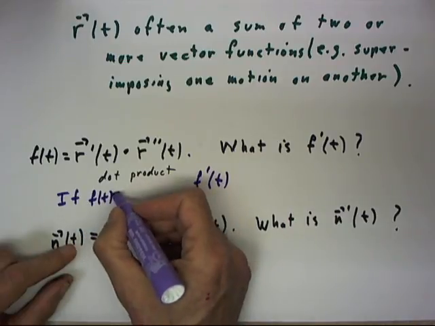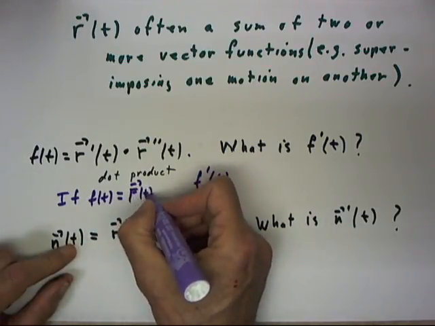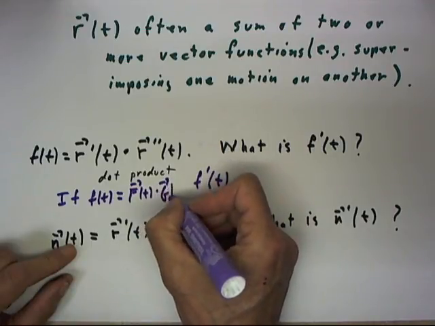Let's say that f of t equals F of t dot G of t.